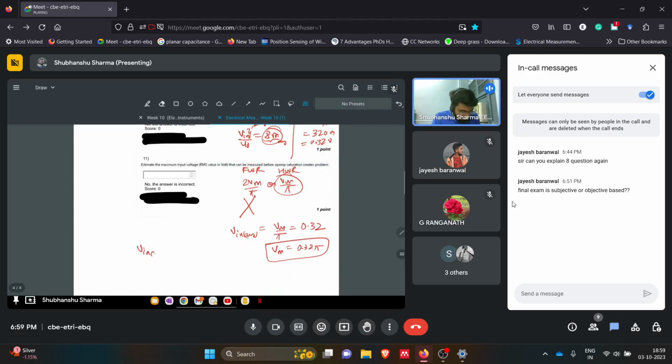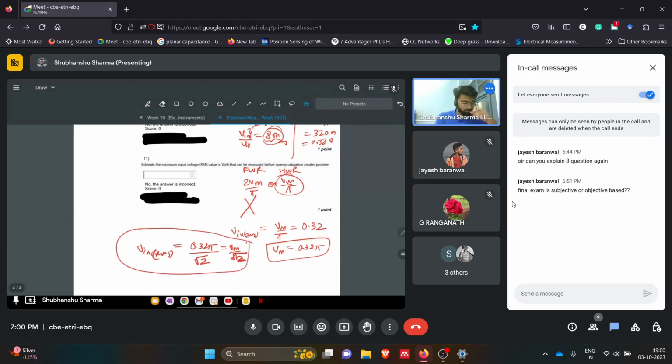So V in RMS will be equal to the peak value divided by root 2. This is the RMS value for a sinusoidal signal, and this was the average. This thing you also have to keep in mind for half wave rectified.